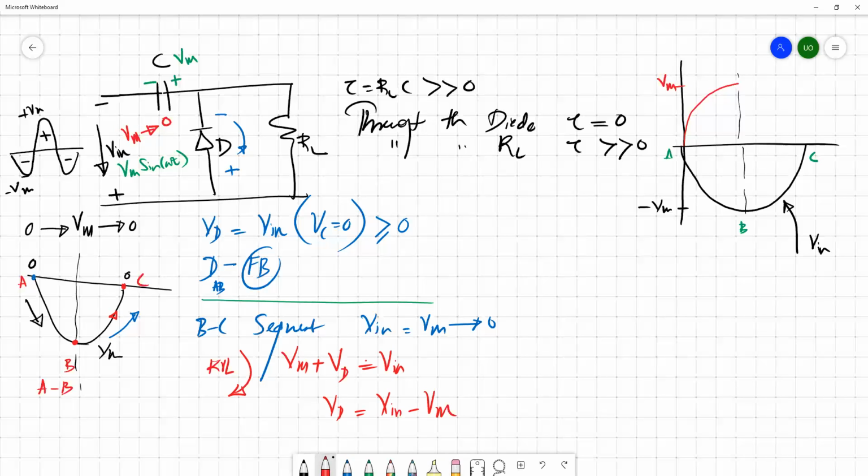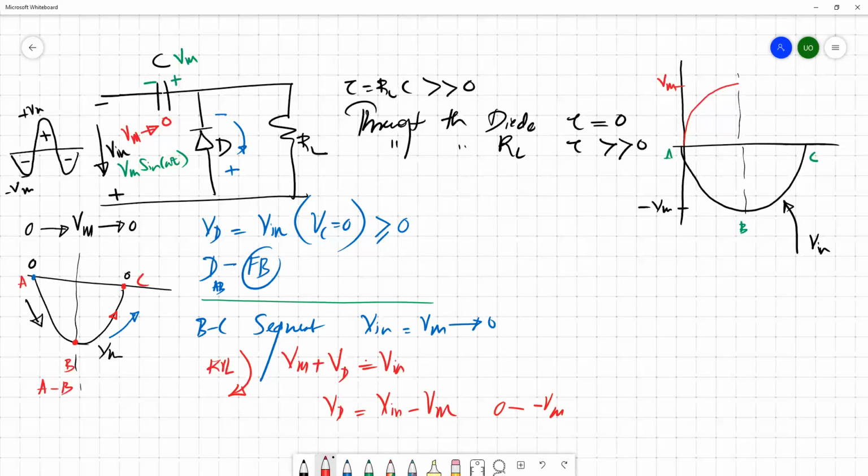So what happens to this diode voltage? Initially the input voltage is at Vm here. So then Vd starts from 0, because this is Vm minus Vm, 0. Once this input voltage Vin comes to here, it is 0, and Vd moves to minus Vm.